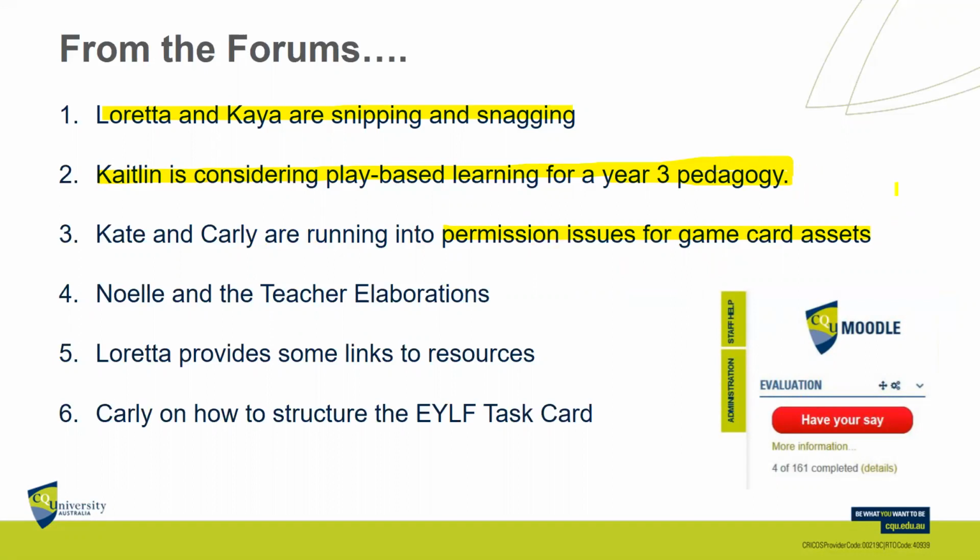But if a marker uses your card, or worse still, a student tries to use your card and tries to go to this game to complete the set task and can't do it, your whole learning sequence is in jeopardy. And if a marker also tries to get to this simulation that you've recommended as a key learning asset or artifact in your learning sequence, and they can't get in because it's got permission issues, then chances are that's not going to help your result. So please check those things out.